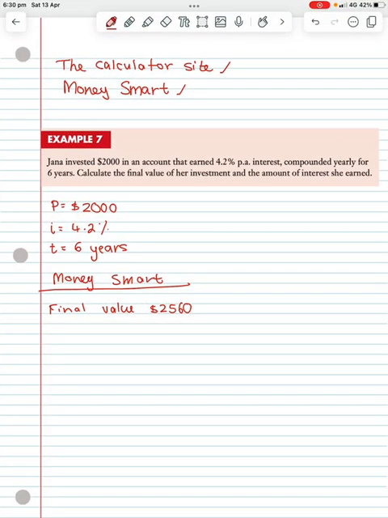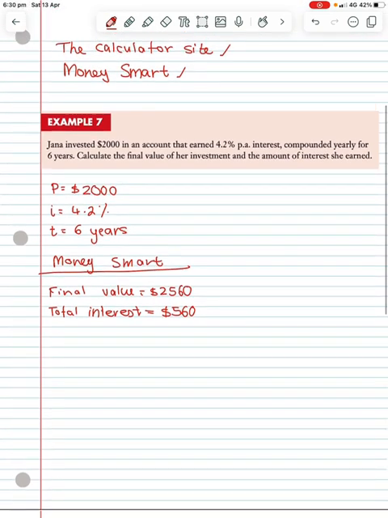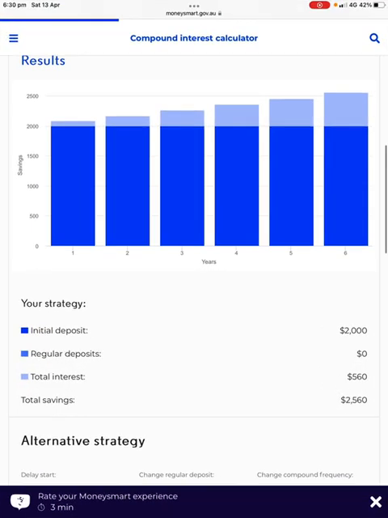So total interest equals $560. Again, it's not 100% accurate, but it gives us a good idea. We're then going to go to, and I'm not going to write the whole thing, I'm just going to do the CS calculator site. So let's go back into Safari.